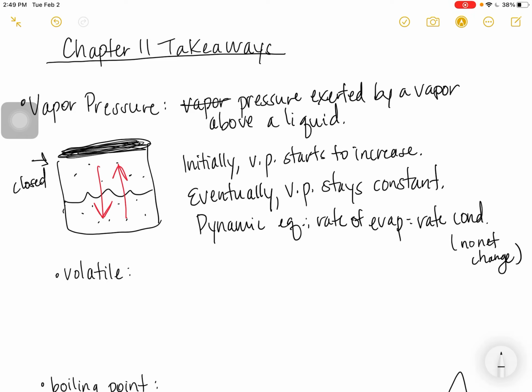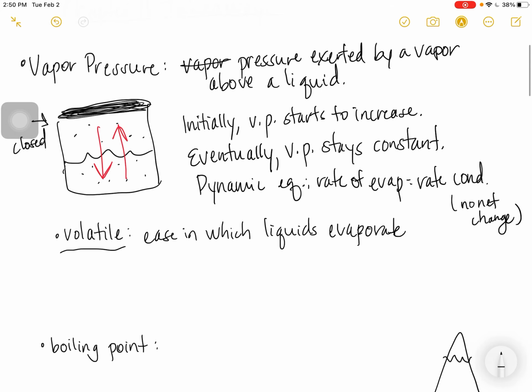We encountered a vocabulary word that is the word volatile, and the word volatile means the ease with which liquids evaporate. A lot of people think volatile means reactive. That's not really what it means. It just means how easily a liquid evaporates. And so volatile liquids have pretty weak intermolecular forces.